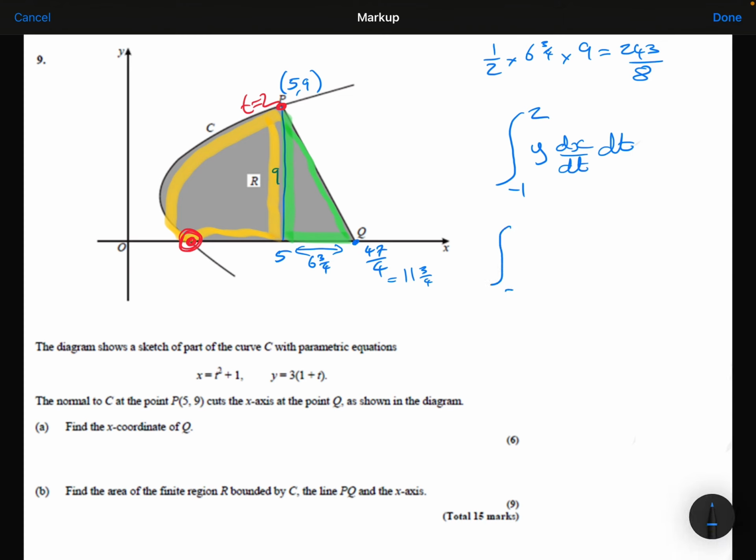Right, so let's substitute in. The y we know is 3 plus 3t. The dx by dt, we've already worked that out previously. We've already differentiated this once and got 2t. Let's expand that bracket. So we'll get 6t plus 6t squared.